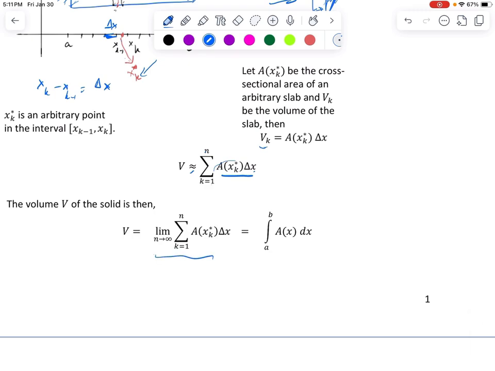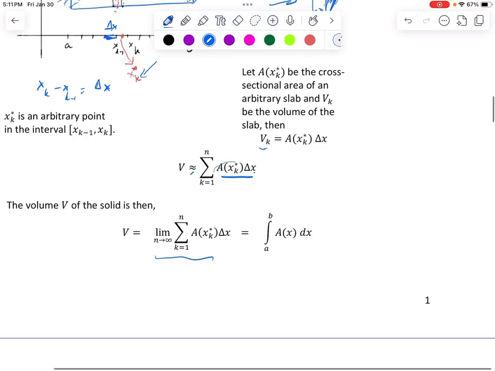We learned that it becomes an integral. So we can write it as the integral from a to b of A(x) dx. So remember, it becomes an integral, this goes away, and now we have a variable x and dx.